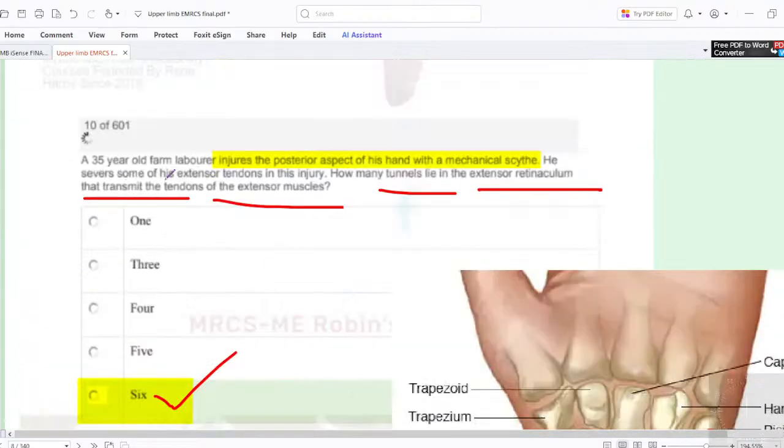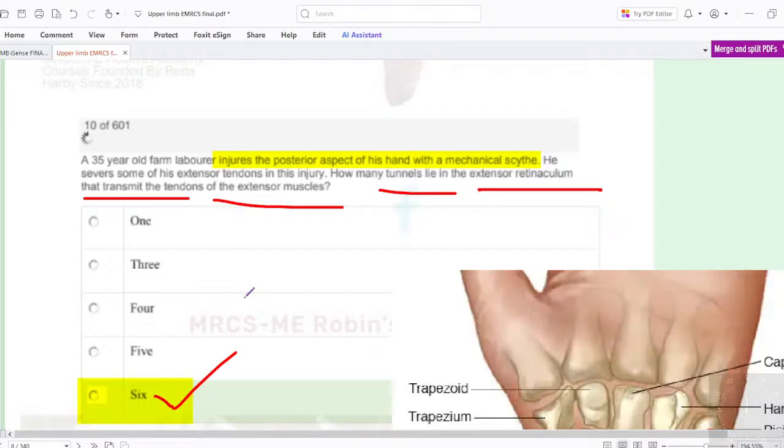Okay. Next. A 45-year-old farm laborer injures the posterior aspect of the hand with a mechanical scythe. He severed some of his extensor tendons in this injury.